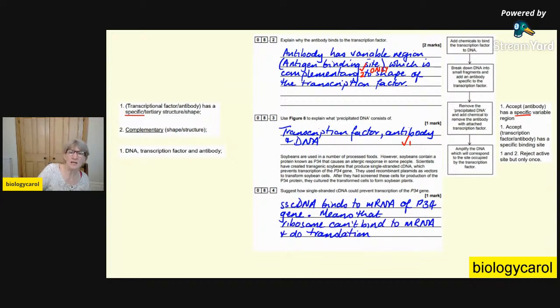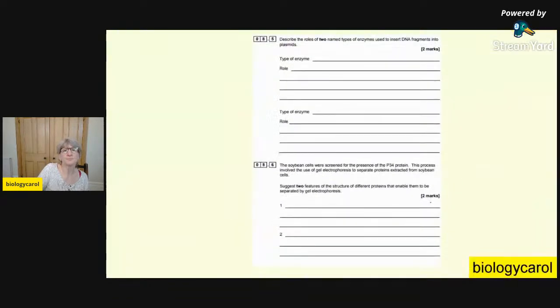So single-stranded cDNA binds to mRNA of the P34 gene, which means the ribosome can't bind to the mRNA to do translation. And I got that first mark point. They also allowed you to say that it bound to the DNA. That wasn't as obvious to me, so I got the mark.